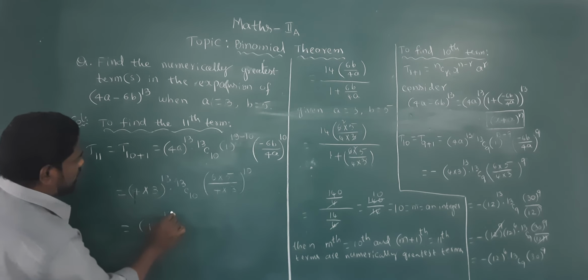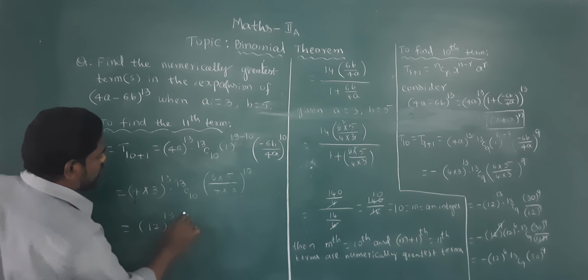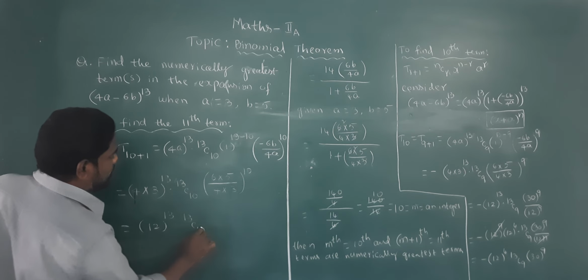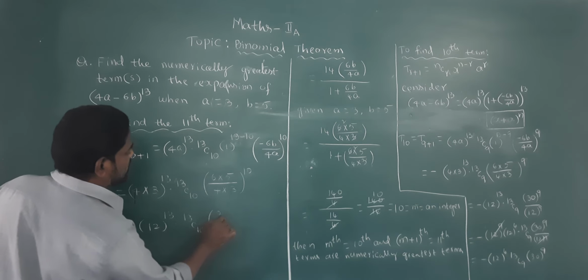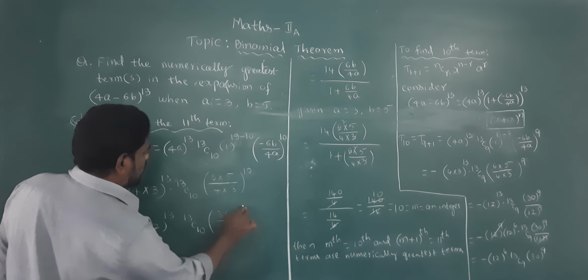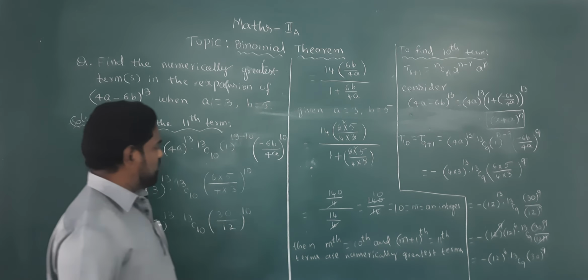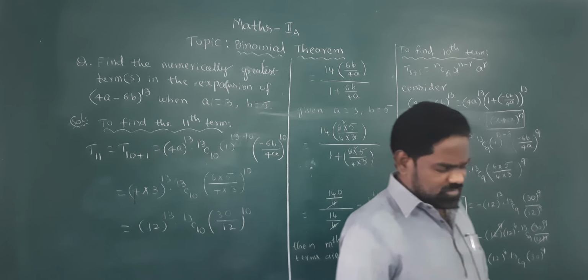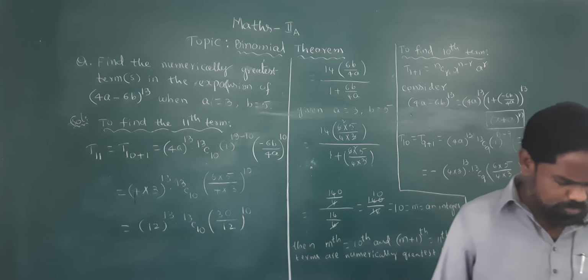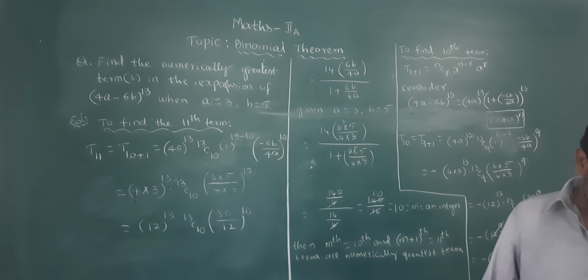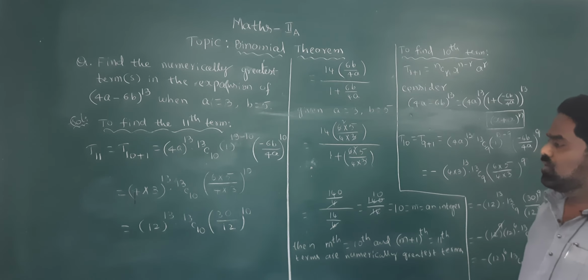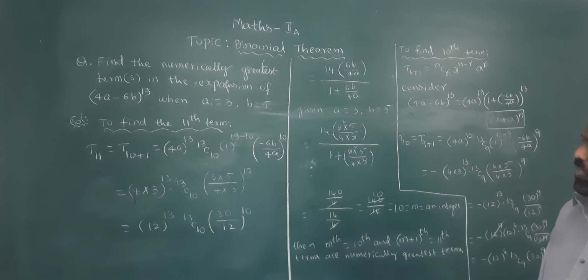Okay, this can be written as 12 power 13, 13C10, okay, this is 30 by 12 power 10. Understand? We can take it like this, 12 power 10, 30 power 10.